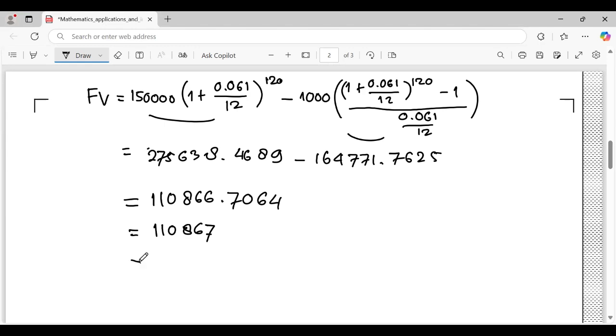So the unit is dollars, so it becomes this one. This is the solution.